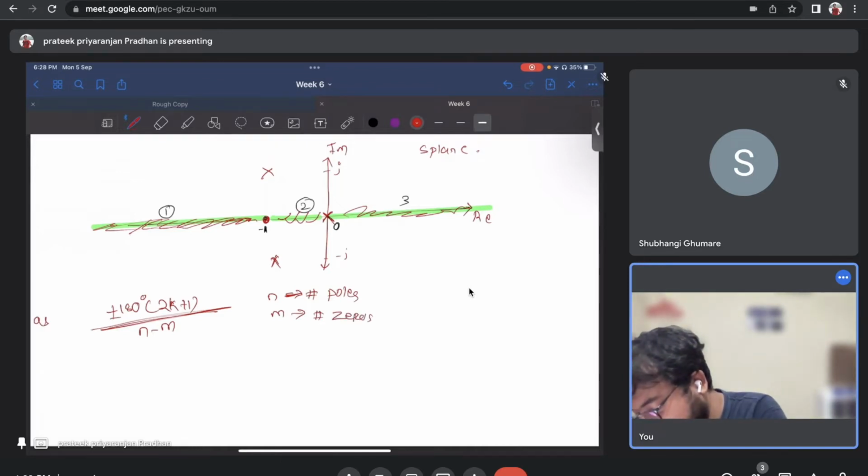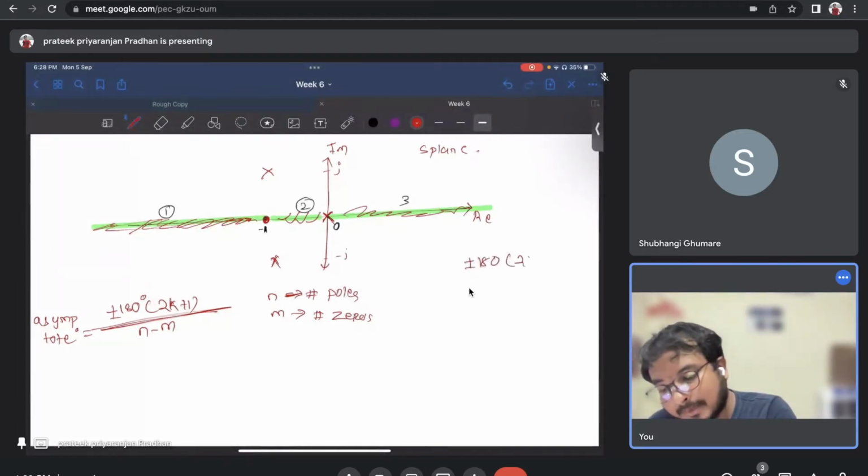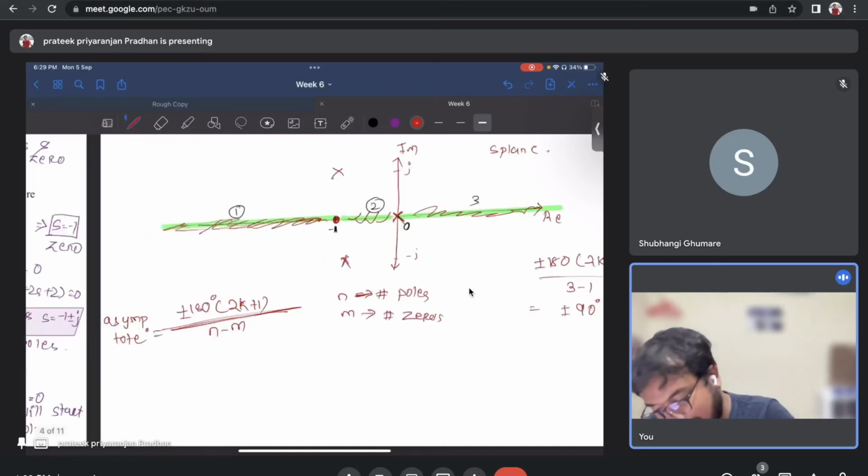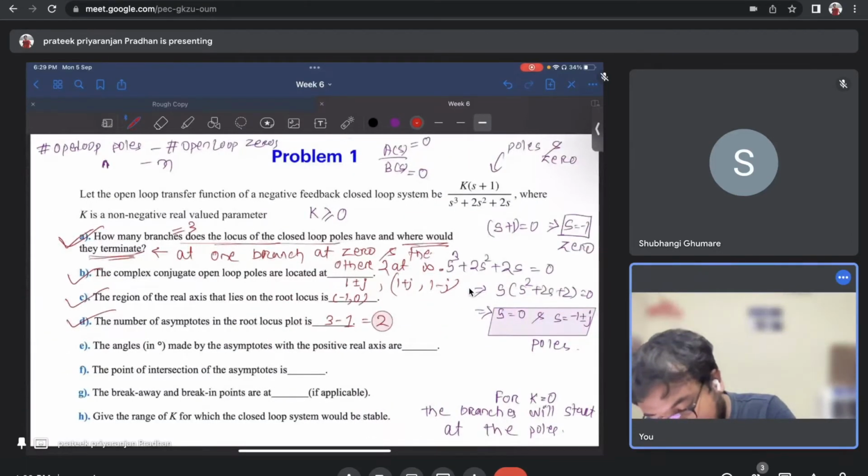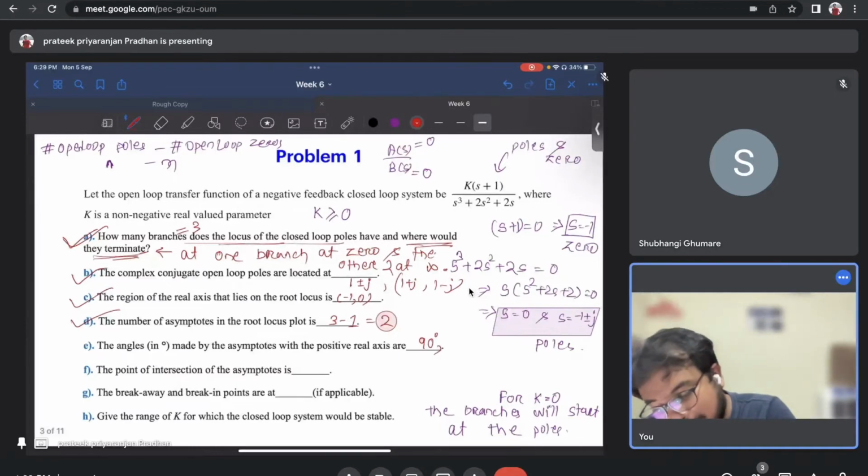So plus or minus 180 into 2k plus 1 whole divided by 3 minus 1. That means plus or minus 90 degree. That means our asymptotes will have the angle with positive real axis of 90 degree, and negative 90 degree is 270 degrees.